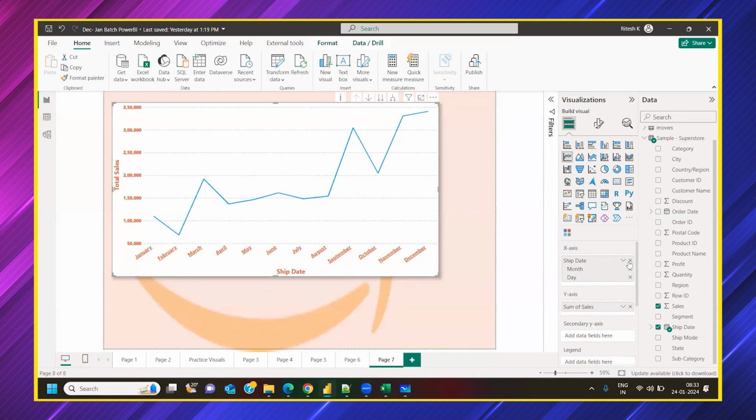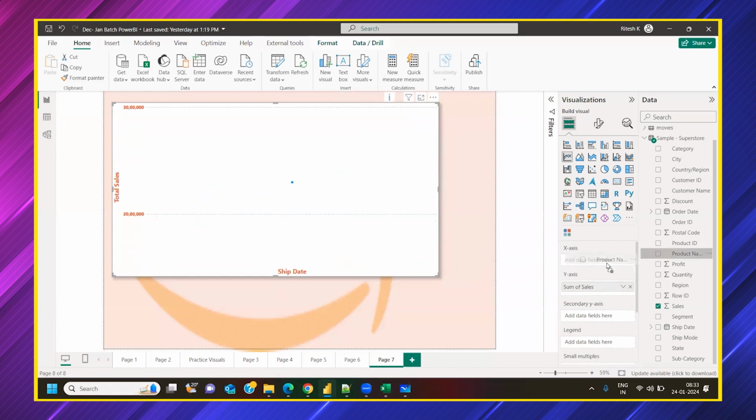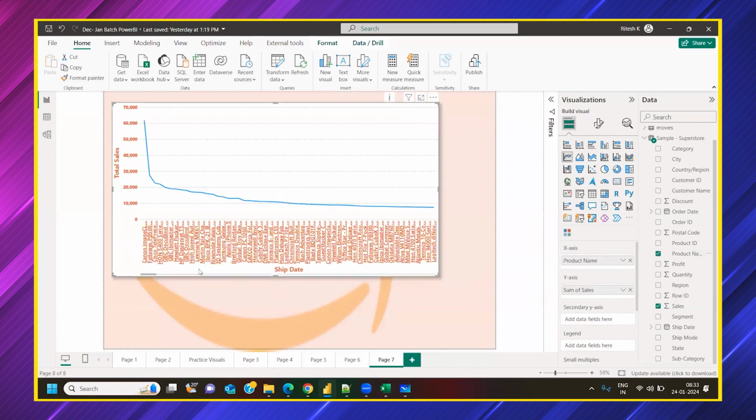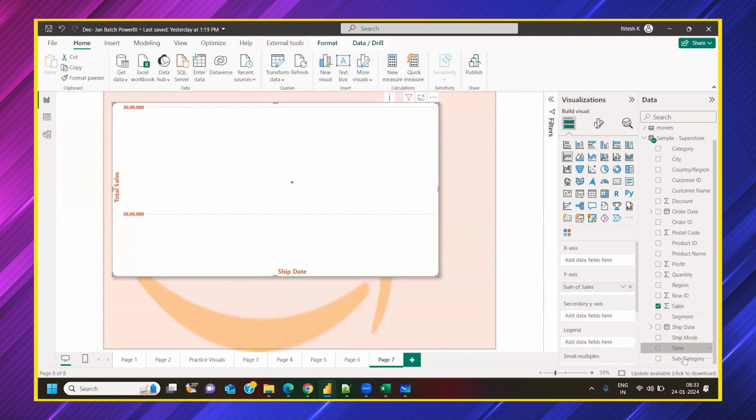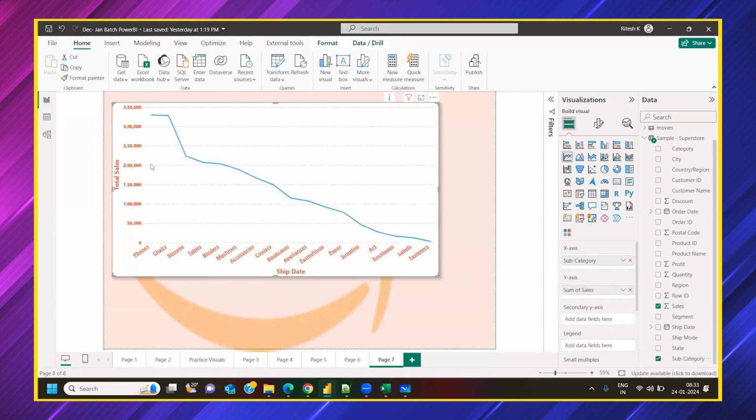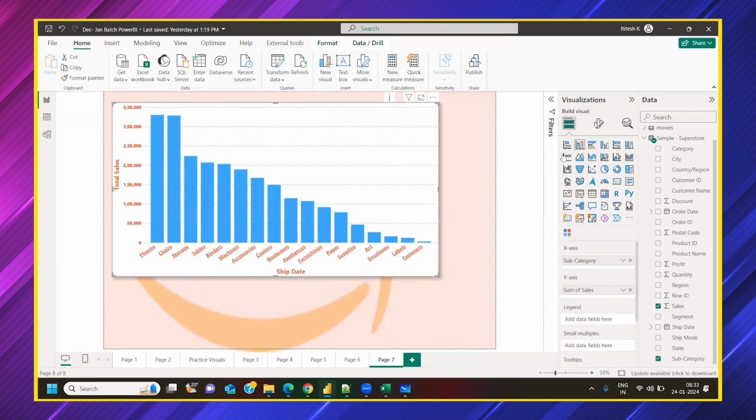Now, if I take some other value, not a date but some other categorical value, I'll take product name. See, even this is feasible. Product names are many, so let me take subcategory. Even this is feasible. Subcategory by sum of sales. Now, if you see here, this will give you more insight than going with a line chart.